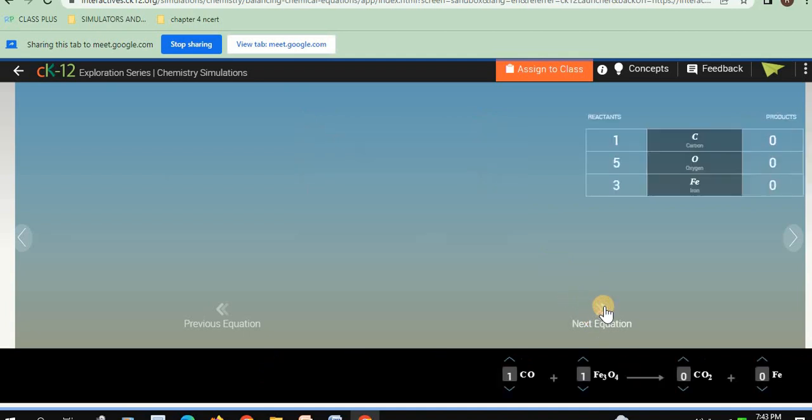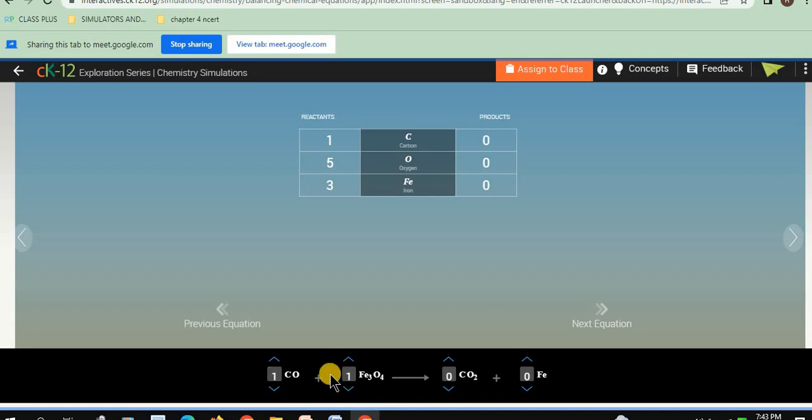Let us try one more. Let us do 1, 1, 1 now. 1 carbon, 1 carbon. How many Fe here? 3. We can make it 3. Now, how many oxygen left hand side? Five.